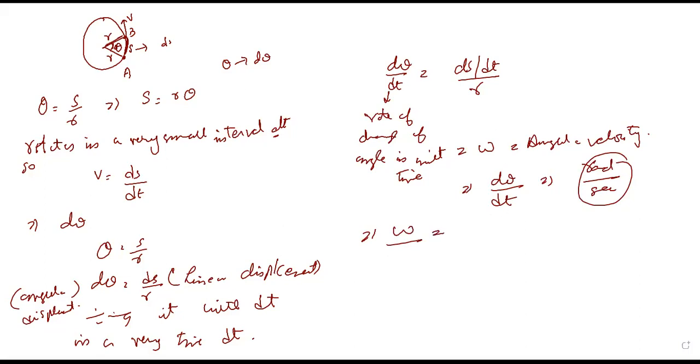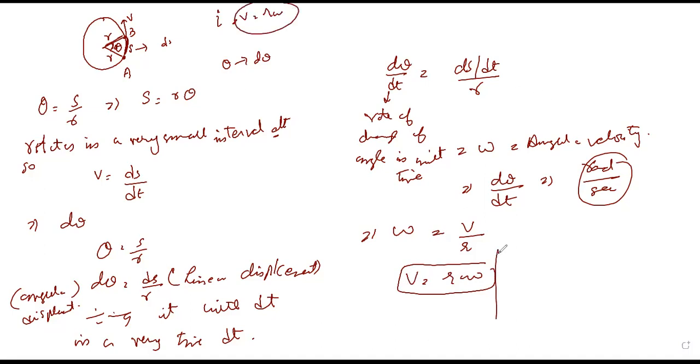So omega equals ds by dt, which is simply v because it is linear displacement, meaning distance covered per unit time in linear motion, divided by r. So v equals r omega. This is the first relationship which we were going to derive.